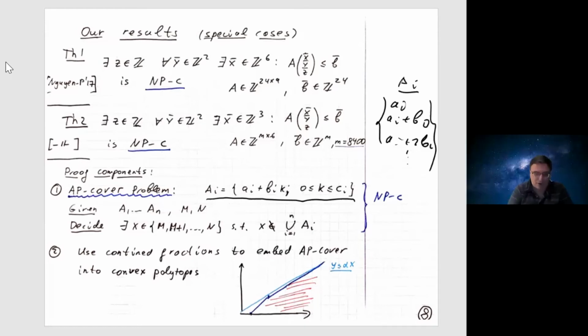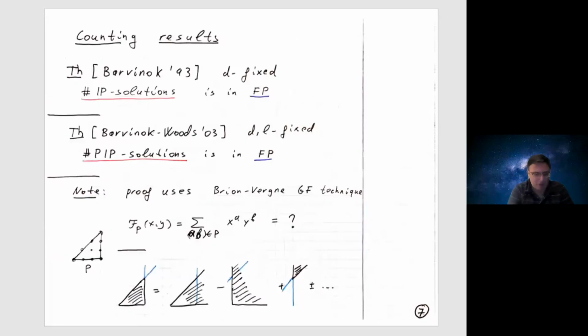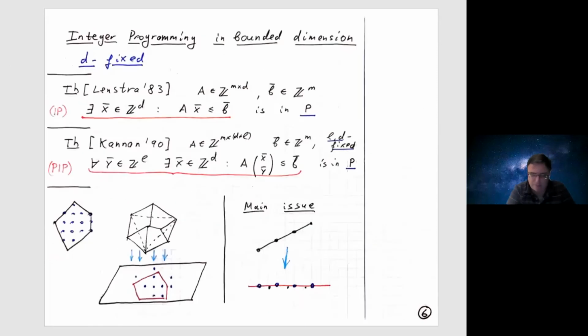Before I move to the second idea, let me mention how this came up before. You see, when you do this projection, you get some kind of arithmetic progression on the bottom. That's always what happens.